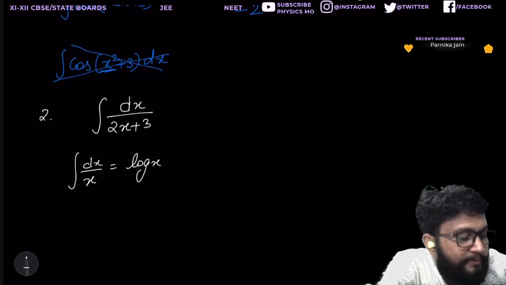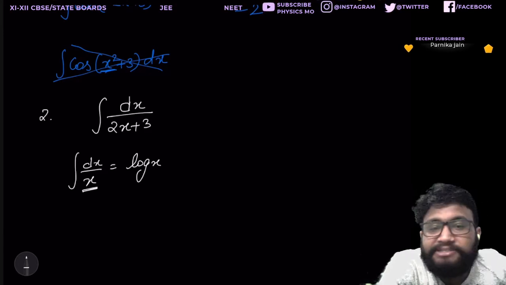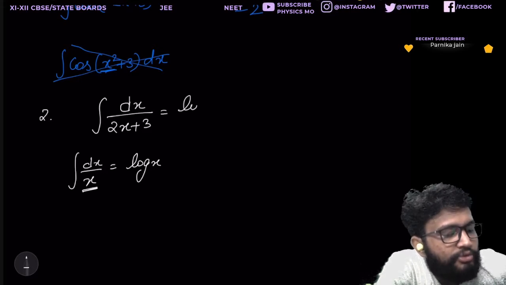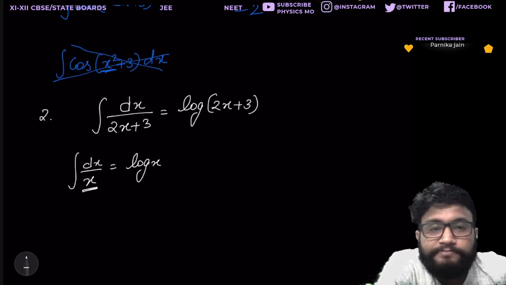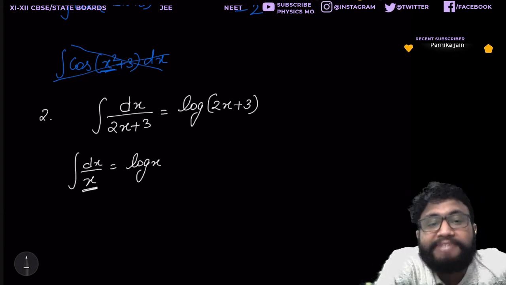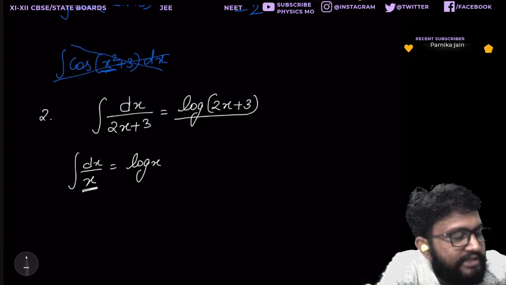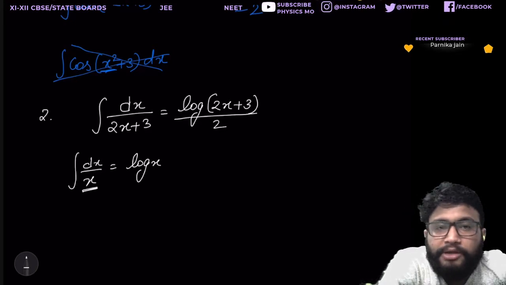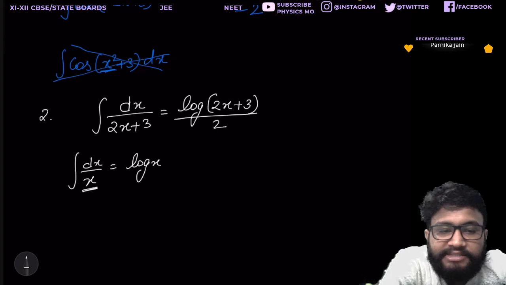So if you have replaced this x by 2x plus 3, that means it is a linear replacement. So this will be equals to log of 2x plus 3. And then what we will do is we will divide this by coefficient of x which is 2. तो अपन 2 से इसे डिवाइड कर देंगे. Are you getting the point? कैसे इंटीग्रेट करना है इन द सेकेंड स्टेप?